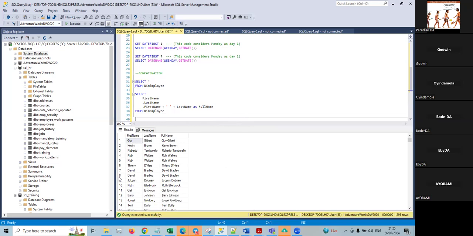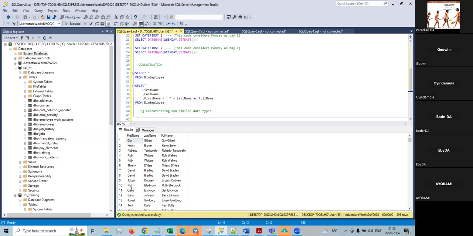So when we, for example, are concatenating non-similar data types, that is where we use the word CAST, right?